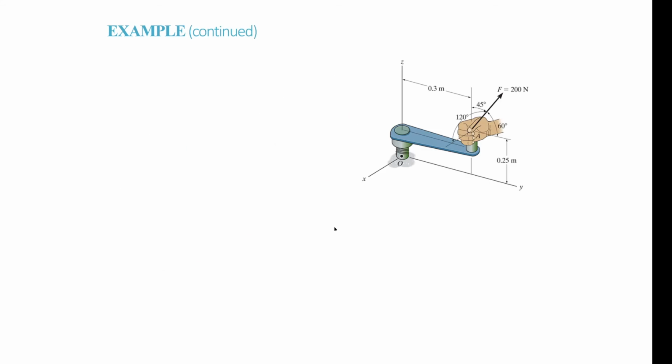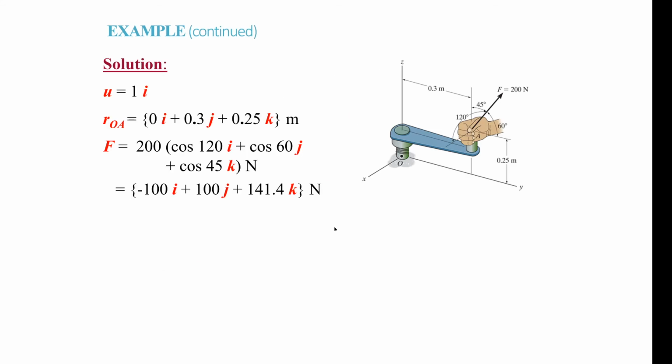So we've already got that: the unit vector in the direction of X is just 1I. For R_OA, the other part is you have from here to here and from here to here where the force is being applied. We just don't have an X component, but we do have a Y component.